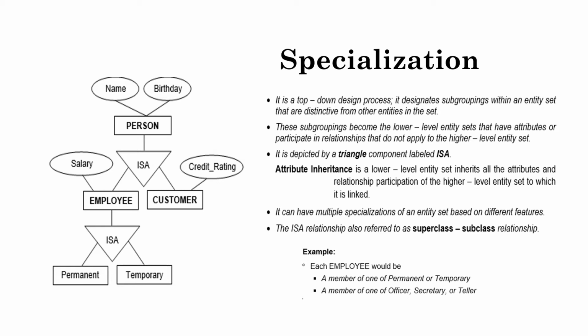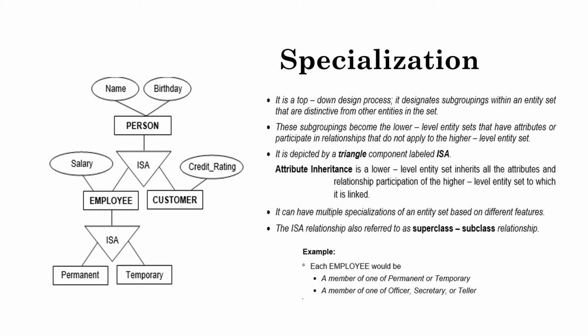How about specialization? Specialization splits an entity into multiple entities that inherit some features of the splitting entity. The higher level entity must have the lower level entities, and the higher level entity may not have the lower level entities. So we can say that specialization is the opposite of generalization, because in specialization things are broken down into smaller things to simplify them further.